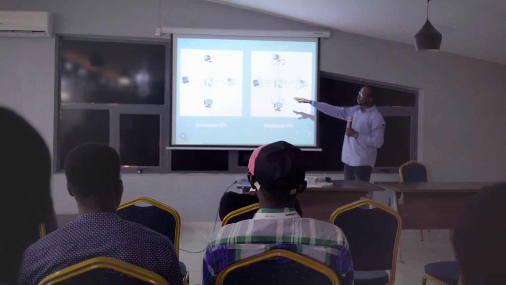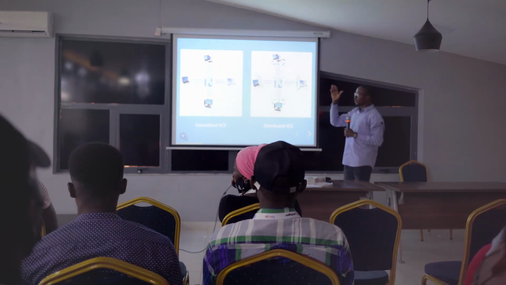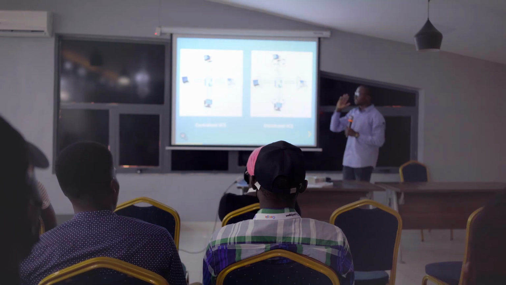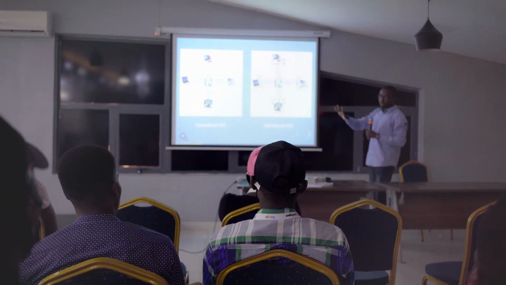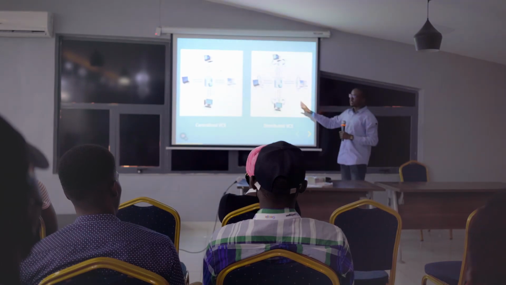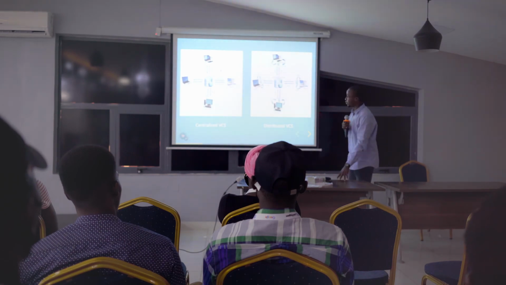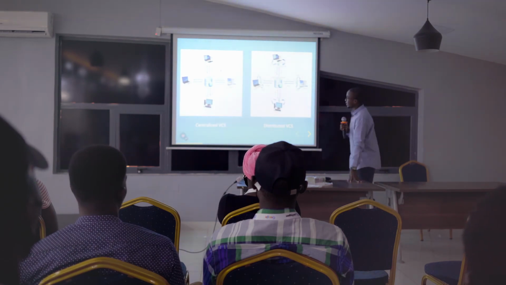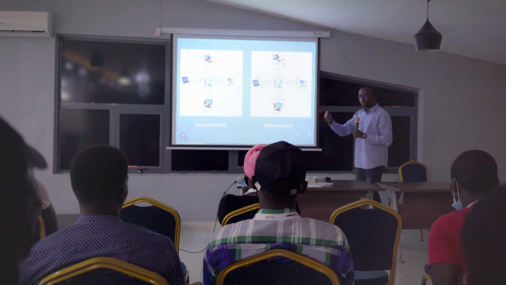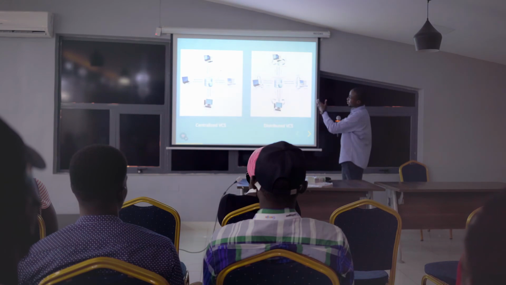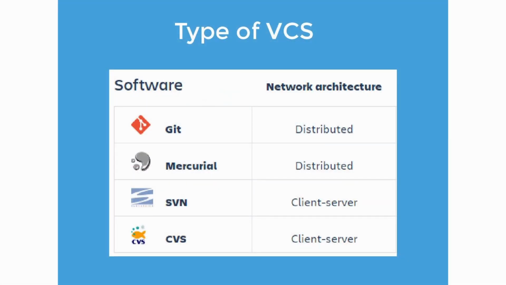So if we are 4 working on a particular code base, whatever changes I make go straight to the server, and that means you are literally making connections with the internet every single time. But with the distributed setup, you have the ability to make all your changes locally on your own local copy. We'll get to that. And then when you are done, that is when you send your updates to the central repository.